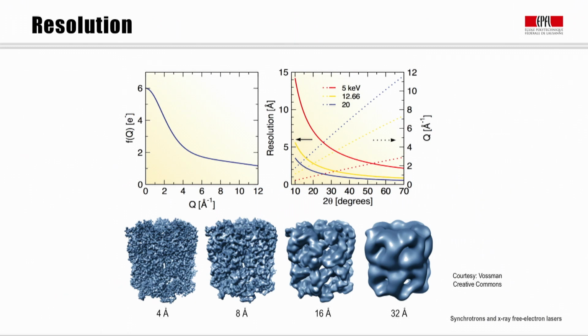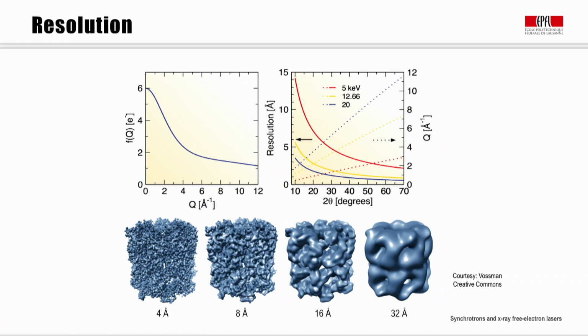I say theoretical advisedly, as this assumes that the scattered signal strength is sufficient to be detected at the edge of the detector. But we know that the scattering strength on average drops off with Q in a quasi-Gaussian manner, and that high energies, small λ, are associated with a high Q value.